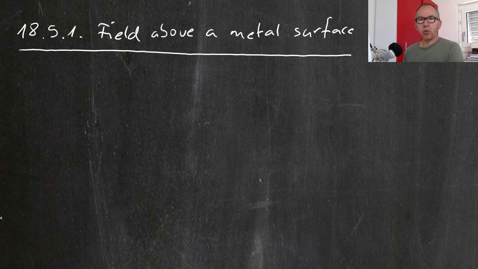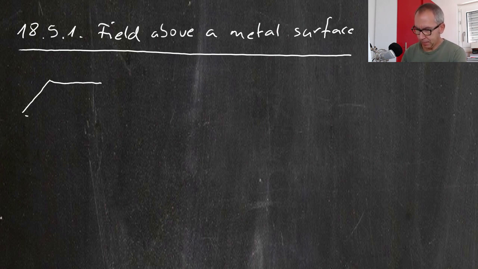We go one step further now. See what is the impact of such a surface charge density. So let's assume we have a metal plate that has charges on it. So I take some positive charges being on this metal plate.